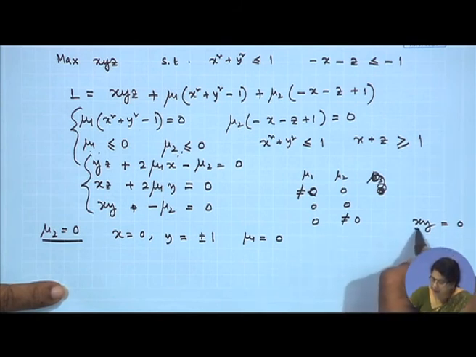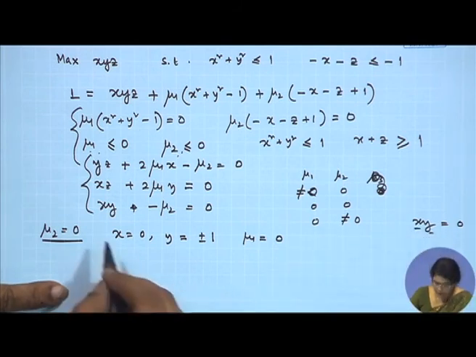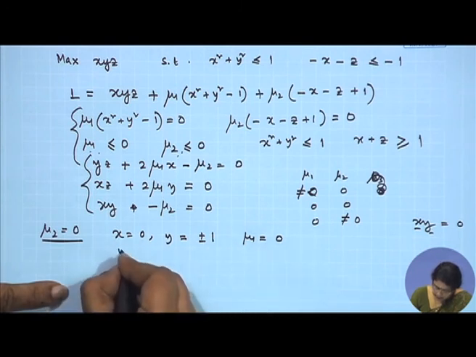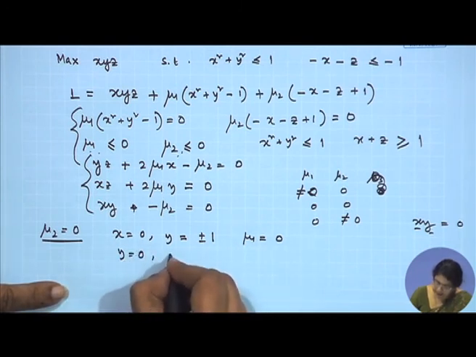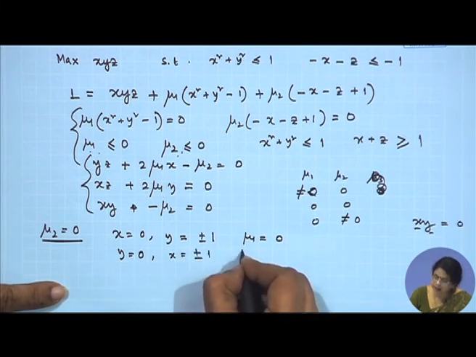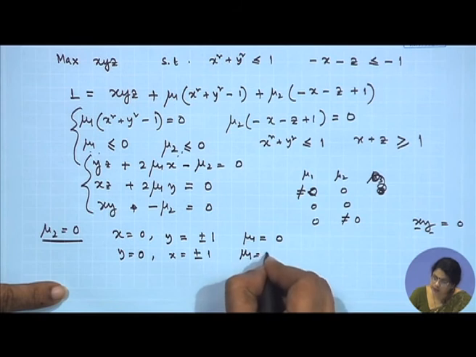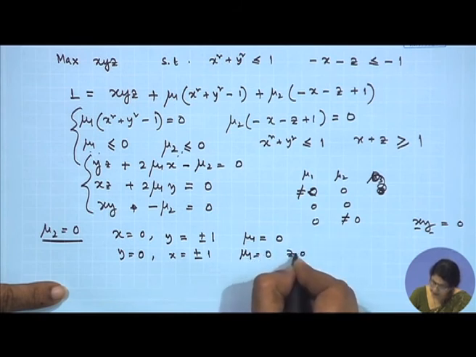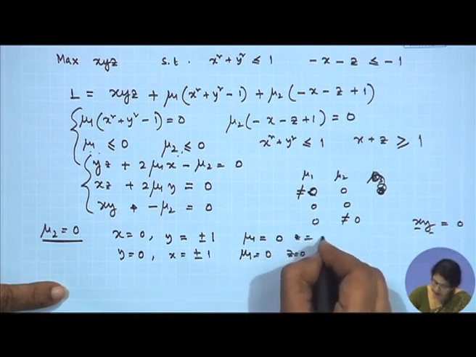Then either x equal to 0 or y equal to 0. If x equal to 0, we get this. If y equal to 0, we get another set of values, x equal to plus minus 1, mu 1 equal to 0 and z equal to 0.